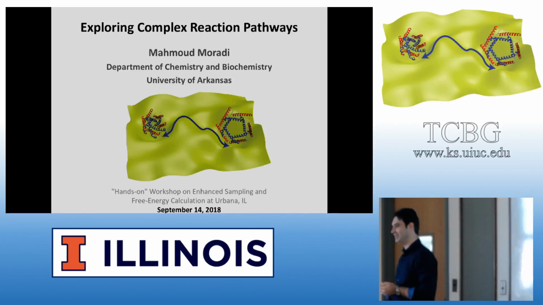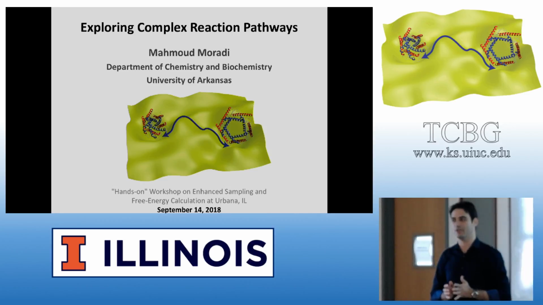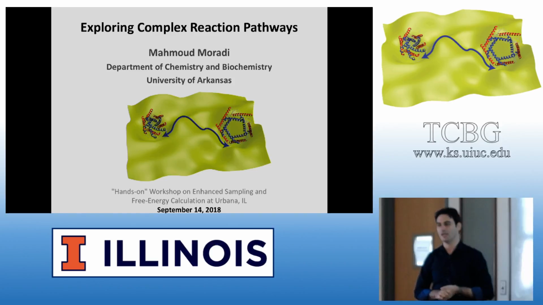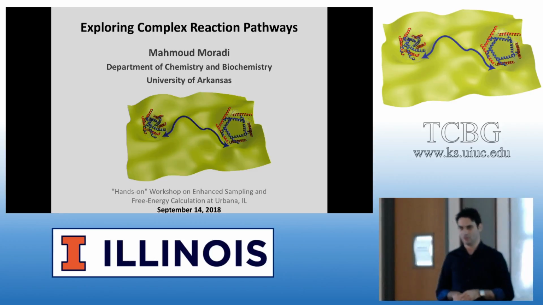So again, someday you can do the things that I'm going to talk about on a regular computer, but right now, most of the stuff that I'm going to talk about do really require large supercomputers to be able to do.